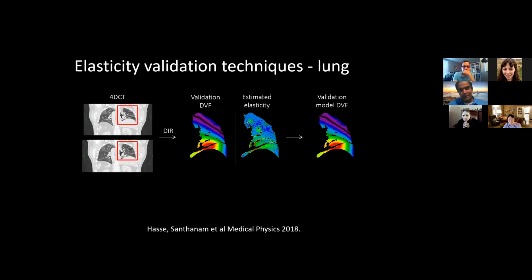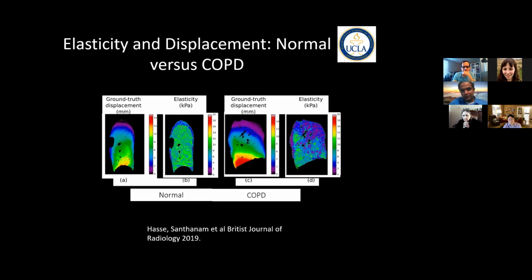One is the estimated elasticity, that tells you the elasticity for each voxel. That is ventilation, or basically the voxel by voxel expansion and contraction that happens during the breathing. And this is deductive information that we can overlay onto the lung visualization itself.